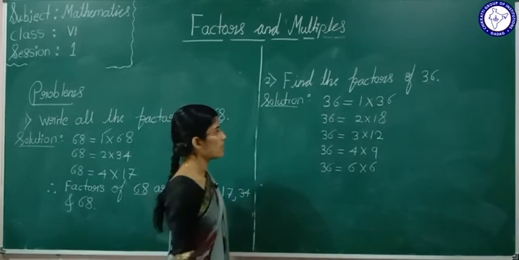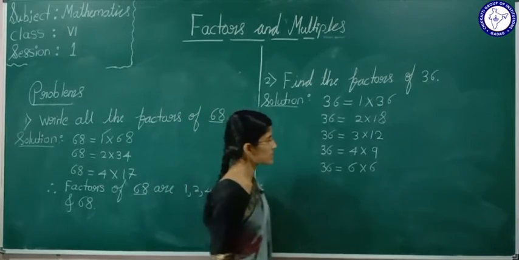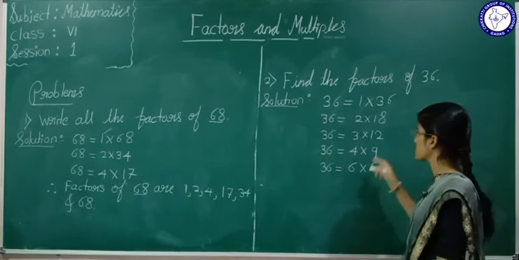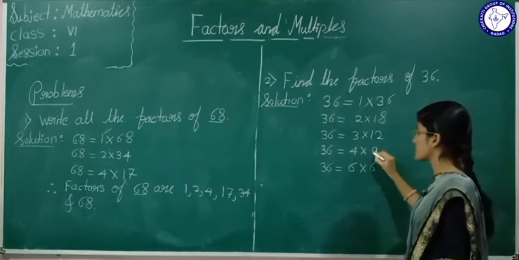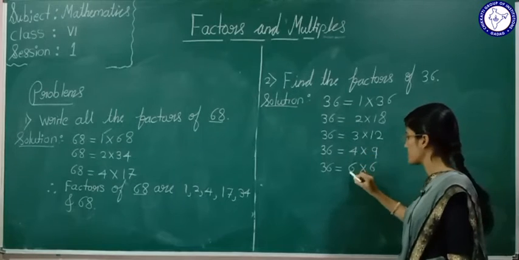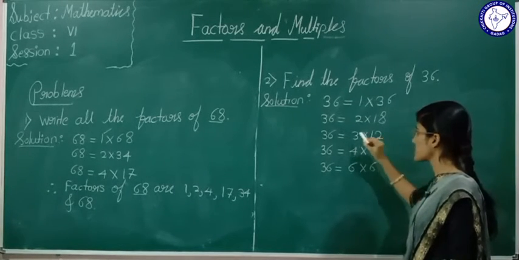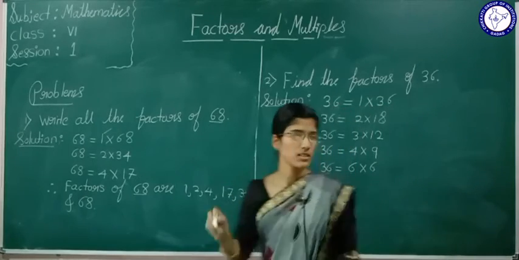See again, can 36 be written in any other way? Anything left? No. See here: 4 nines is the same as 9 fours, 6 sixes is the same as 6 sixes only, and 3 multiplied by 12 is the same as 12 multiplied by 3.